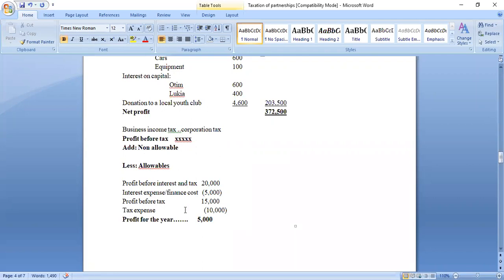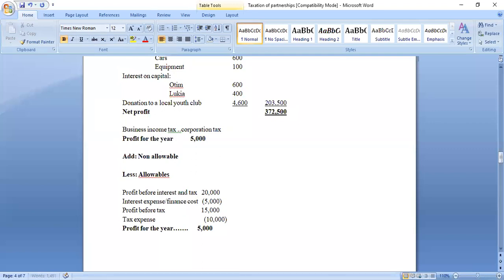So in this case, for example, we're given profit for the year. What would happen is you don't have this line, so you have to find it on your own. So you bring the profit for the year, there it's 5K. And then you add back any provisional tax, in this case the 10,000.